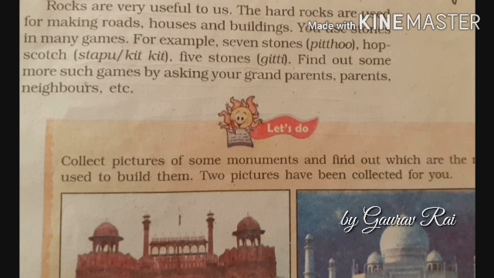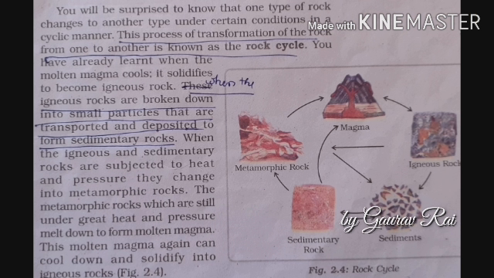You have already learned when the molten magma cools, it solidifies to become igneous rocks. These igneous rocks are broken down into small particles that are transported and deposited to form sediment. A better example: igneous rocks are broken down into small particles after eruption of molten magma lava.